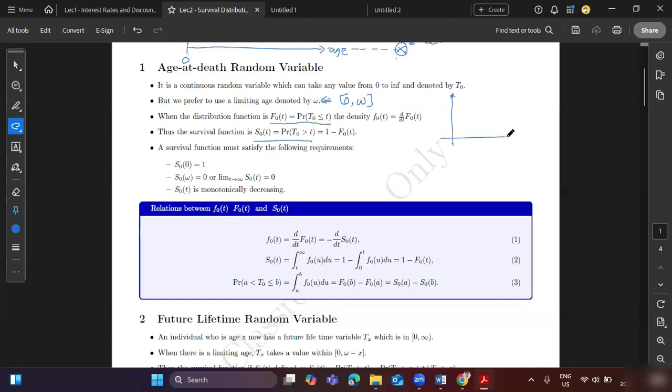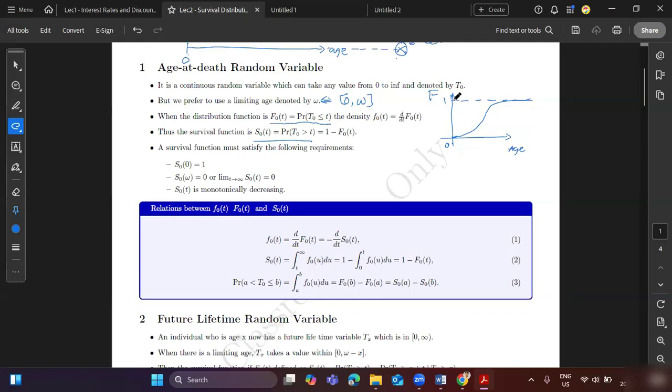If I recall the cumulative distribution property, it starts from 0. It can start anywhere, but since it is age, it should start from 0 and grow, limited at 1. At infinity, it goes to 1. At the start, the probability of death is 0.